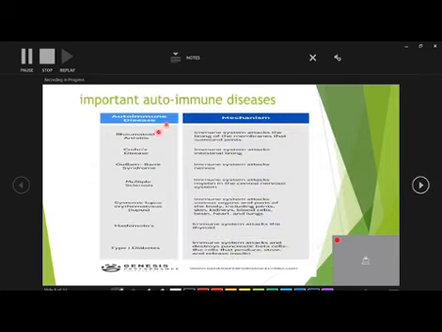We have different autoimmune diseases: rheumatoid arthritis, Crohn's disease, Guillain-Barré syndrome, multiple sclerosis, systemic lupus, Hashimoto's, and type 1 diabetes. These are caused when the immune system starts to attack its own cells, tissues, organs, and other parts of the body.